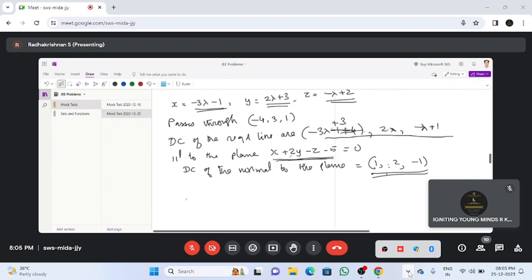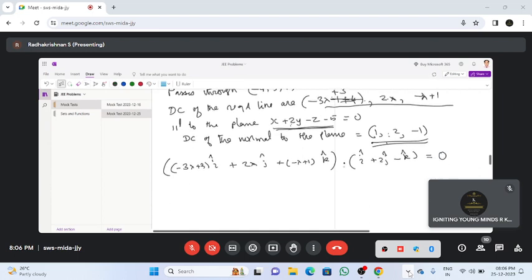What is the dot product now? So this is the equation we use to solve for lambda.